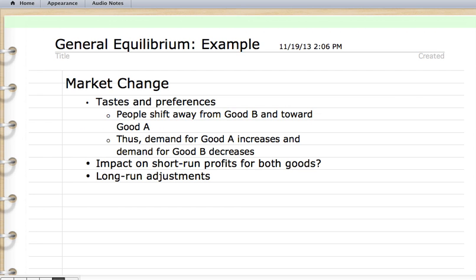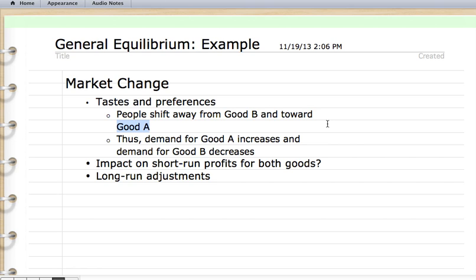So how are we going to address this? We're going to take a look at this by having a specific change, and the specific change is that people's tastes and preferences are going to change. People are going to shift away from good B. Beforehand they were buying good B, and now they're shifting away, and now their preferences are going to good A. So if the tastes and preferences are shifting to A, the demand for good A is going to increase.